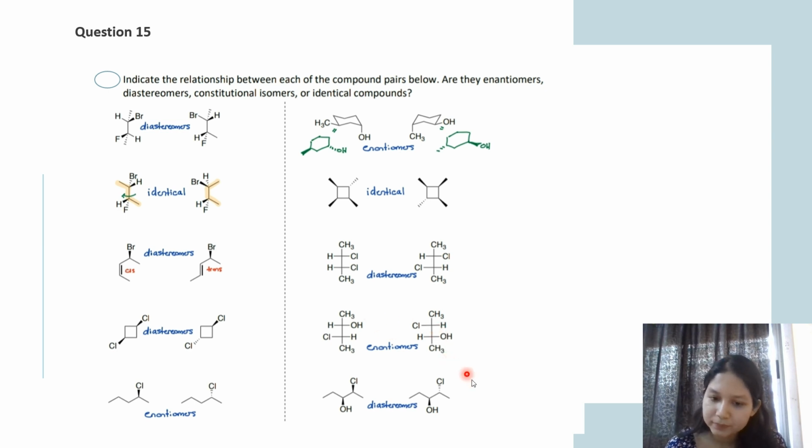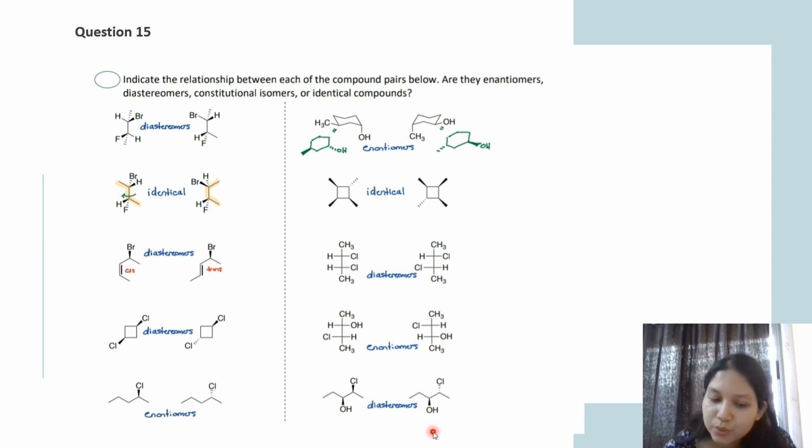Similarly, for these two molecules, you have to assign the stereochemistry for the asymmetric carbon atoms present. Both molecules have two asymmetric carbons, and if you assign the RS configuration to both the centers in each molecule, you will find that these two molecules will be diastereomers of each other.